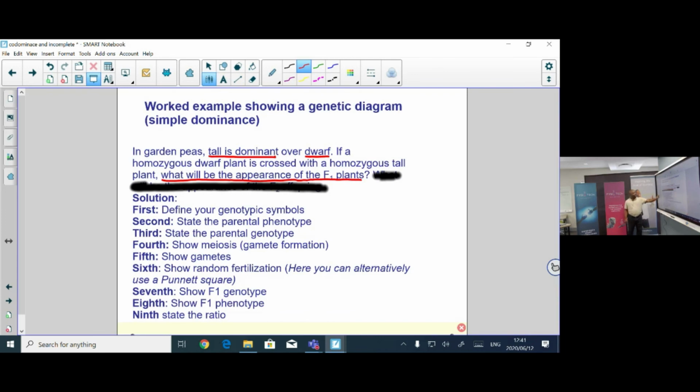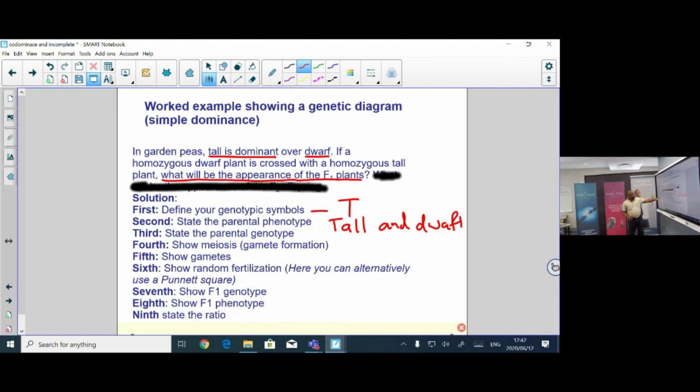But importantly, I want you to follow the steps. Solution: first, define your genetic symbols. So let me help you. Which symbols would you want us to use to represent our traits? Since it's height, tall and dwarf, let me take T. So T will be the symbol. Second, state the parental phenotype. So the genetic diagram should follow this. Parental phenotype: tall and dwarf.